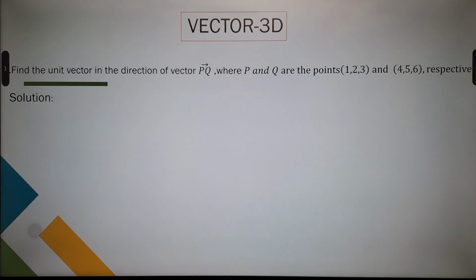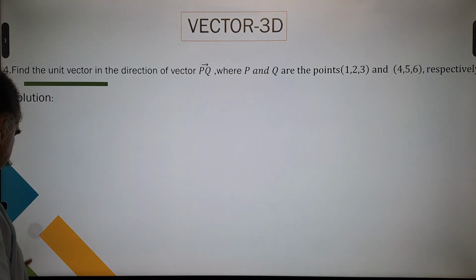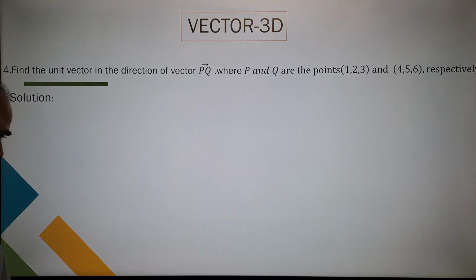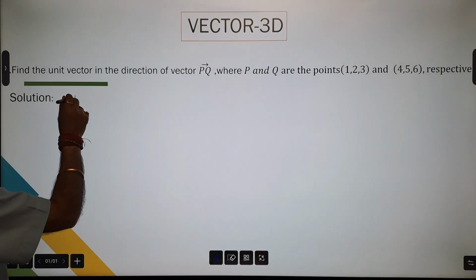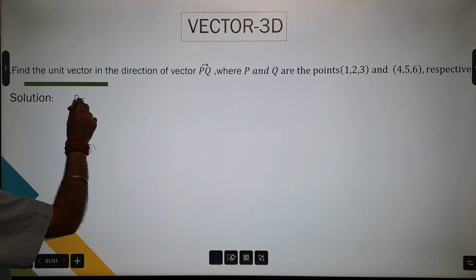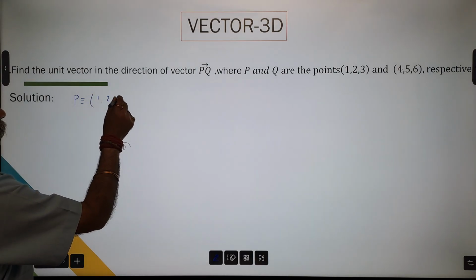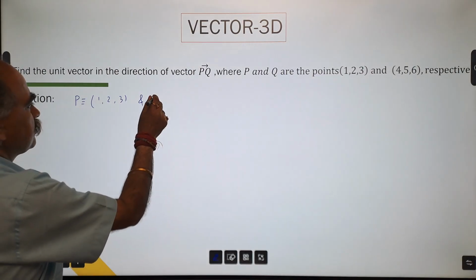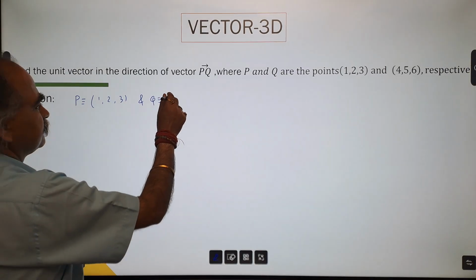Next problem is: find the unit vector in the direction of PQ bar, where P and Q are given. P corresponds to 1, 2, 3 and Q corresponds to 4, 5, 6.